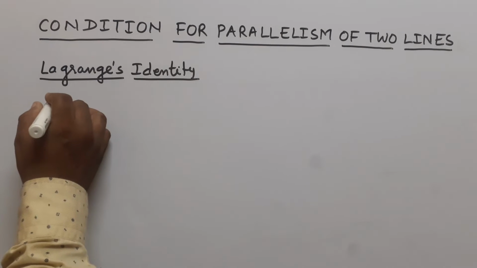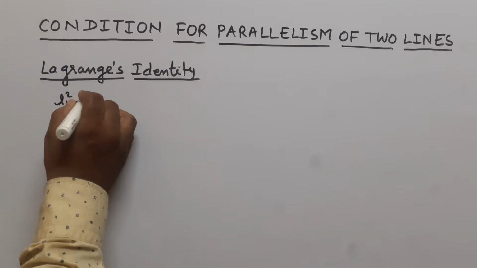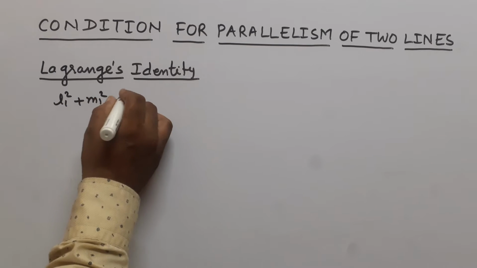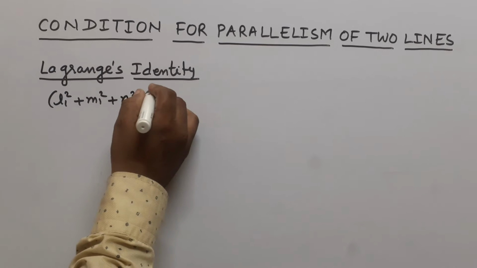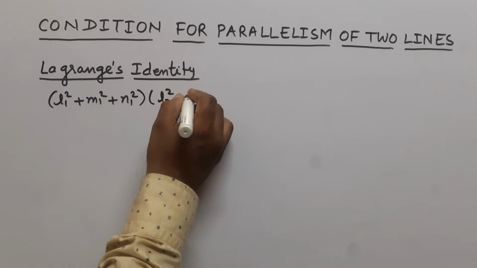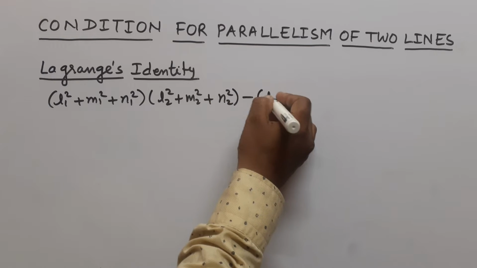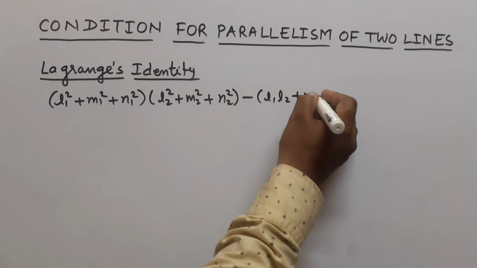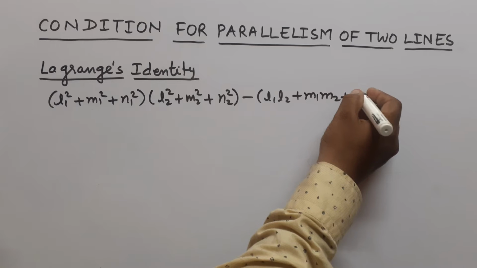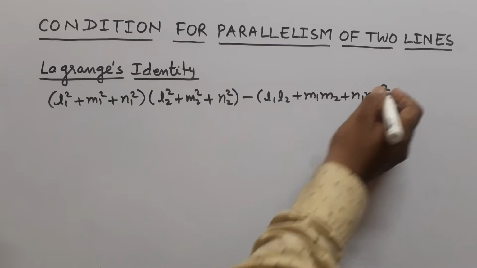So Lagrange's identity is (L1 square plus M1 square plus N1 square) multiplied by (L2 square plus M2 square plus N2 square) minus (L1 L2 plus M1 M2 plus N1 N2) whole square.